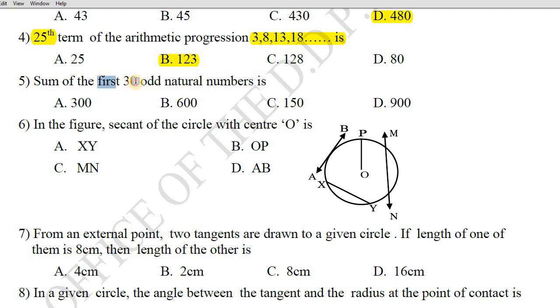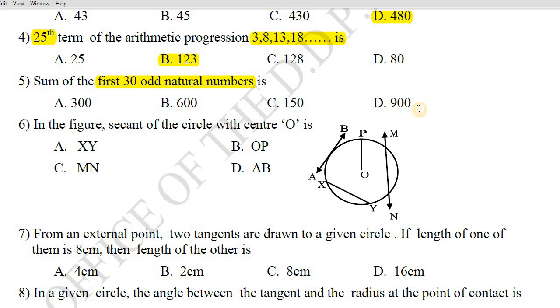Next, question number 5. Sum of the first 30 odd natural numbers. So don't confuse, children. It is not 30 natural numbers, it is 30 odd natural numbers. Given options are 300, 600, 150, 900. For this, first you wanted to write an AP. So AP for this is 1, 3, 5, and so on.